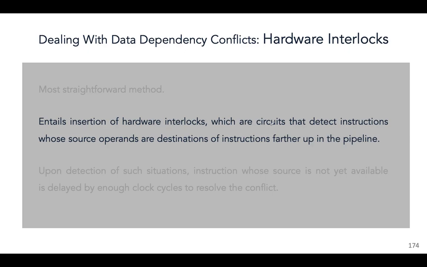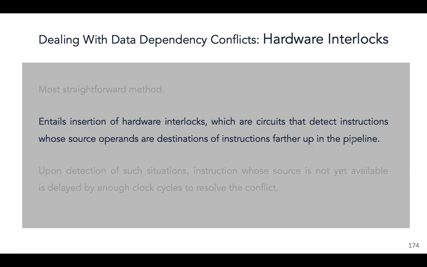Hardware interlocks are circuits that detect instructions whose source operands are destinations of instructions farther up in the pipeline. Simply stated, what this means is this is a special circuit which is introduced into the pipeline, and the main task of this circuit is to check all of the instructions and make a proper analysis of which instruction requires operands from which other instructions, right?